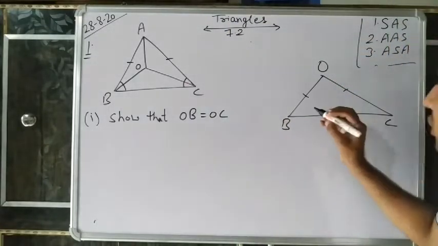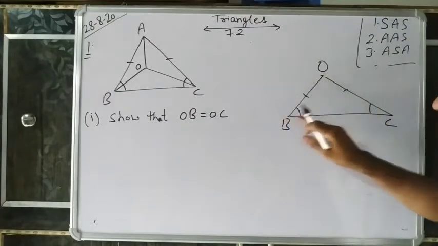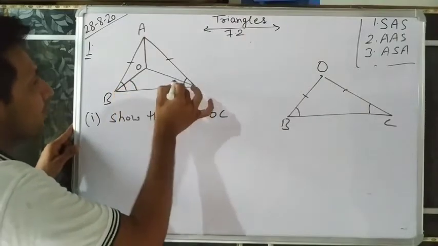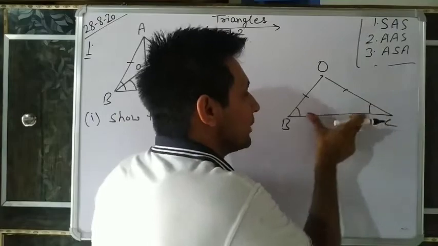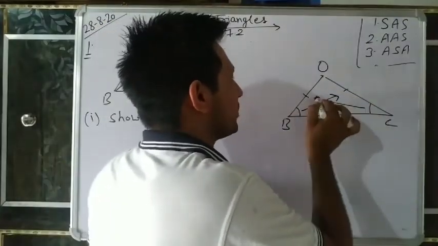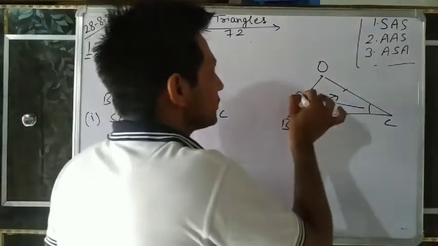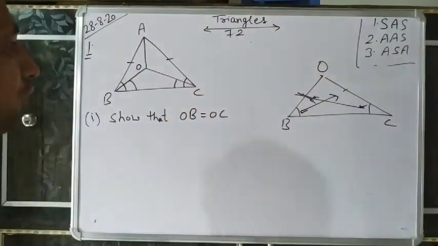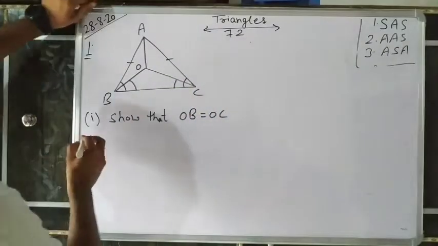So first we will show that angle OBC equal to angle OCB. If angle B and angle C are equal, then the sides opposite to these angles are equal. So our motto is to show that these angles are equal. Now how will we show that? Look now. So it means proof.